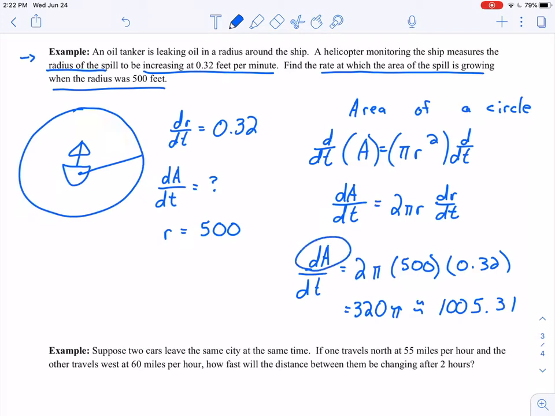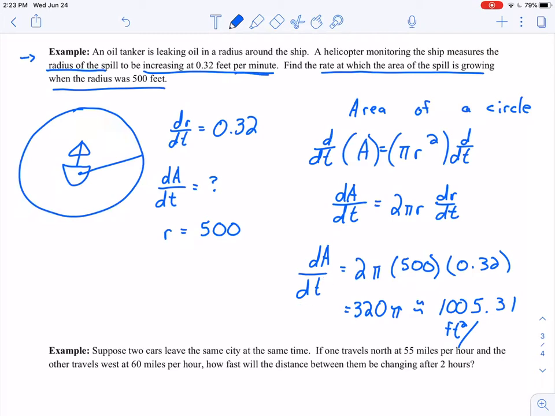So what's the unit on area? Be careful, because you might look at this and say, well, my unit on area is feet, because that was the unit on dr/dt. But remember, area has a different unit than, say, radius does. We measure area in square feet. So we would say 1,005.31 square feet, or feet squared, per, what is my unit of time now?